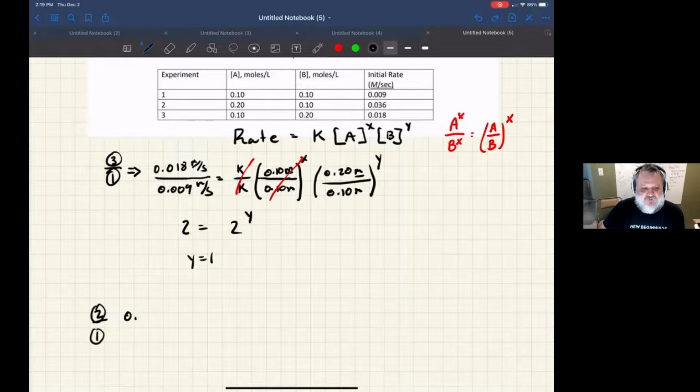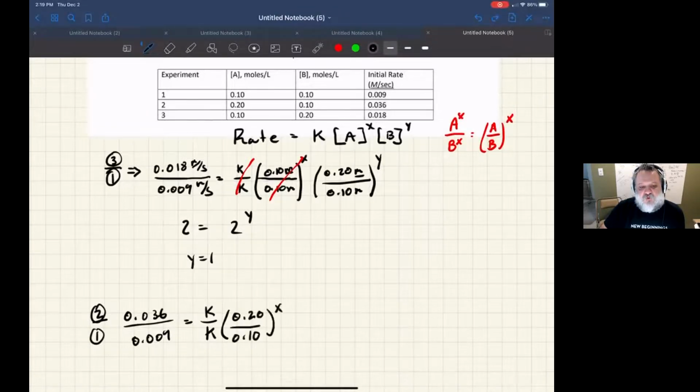And so if we take experiment 2 over experiment 1, the molarities for B in both cases are 0.1, and the rates are 0.36 divided by 0.009, and that equals k over k. For A, it's 0.2 divided by 0.1, all to the x. And then for B, 0.1 over 0.1 to the y.